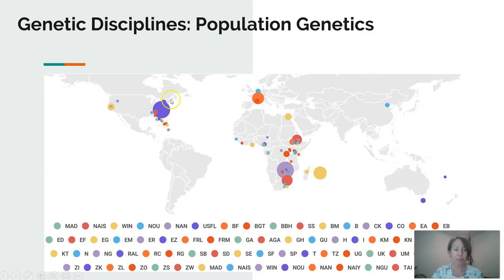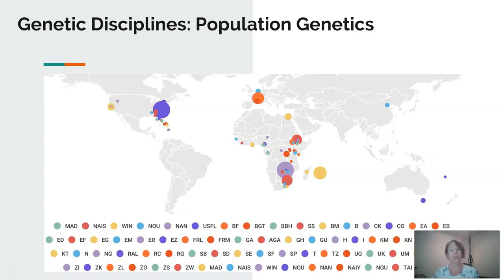For instance, if we were interested in this big purple circle here, we would want to know how much variation is found within that population that produces all different kinds of physical appearances, and then maybe we want to compare this purple circle with this orange circle. What's the difference between these two populations? How do their genomes vary? That would be population genetics.